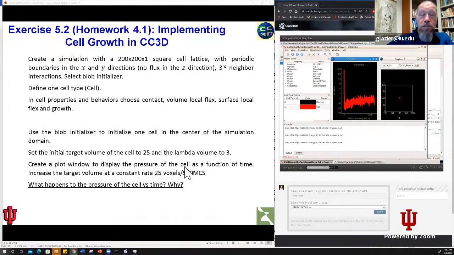And the rate at which I have the cell growing is probably too slow. I should probably speed it up. But I can see the cell grow a little bit. And the question is, what happens to the pressure of the cell versus time?